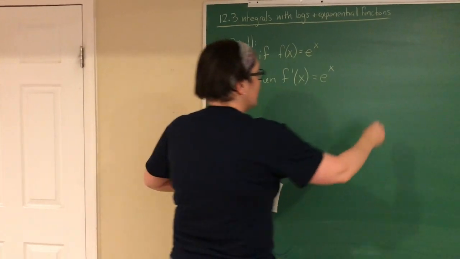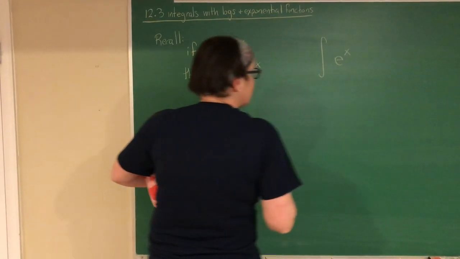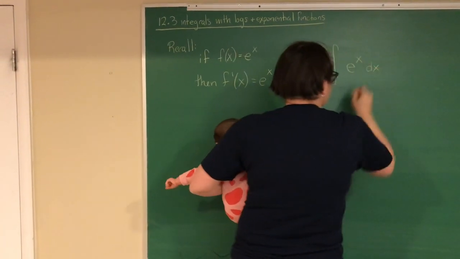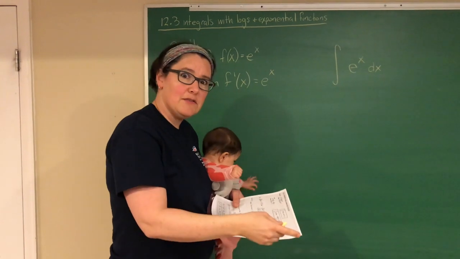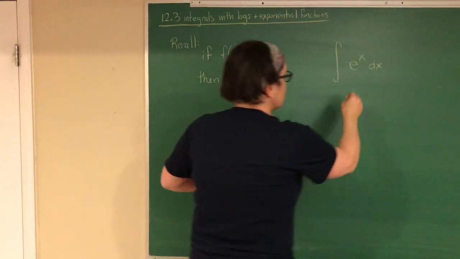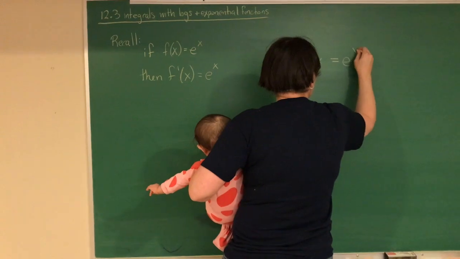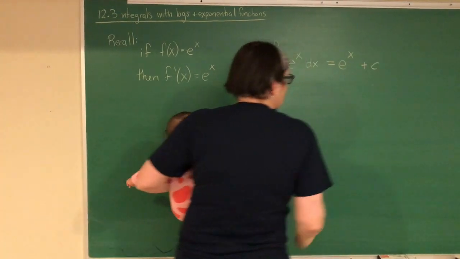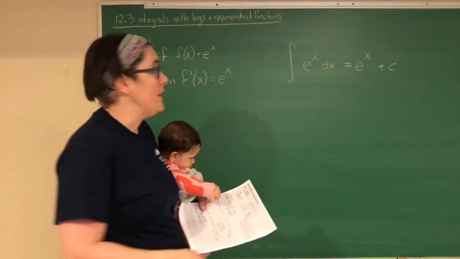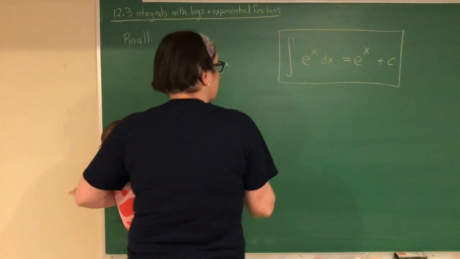If we know that the derivative is e to the x, the question is, what is the original function? And the answer is, if your derivative is e to the x, then your original function must have also been e to the x. So the integral of e to the x dx is e to the x, although I do need to add on that plus c for that constant that when we take a derivative could have gone away. So our antiderivative of e to the x is e to the x.